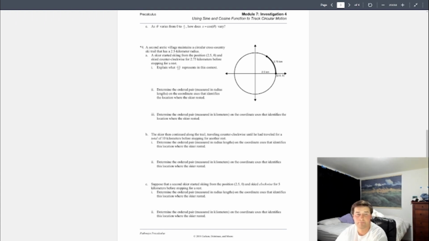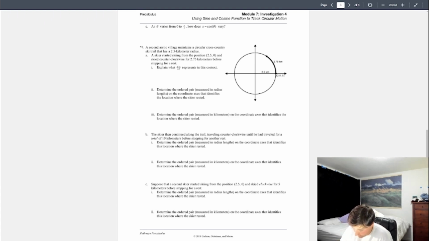Oh, it's giving me what radius is. Radians are the constant of proportionality between an arc length and the radius length.